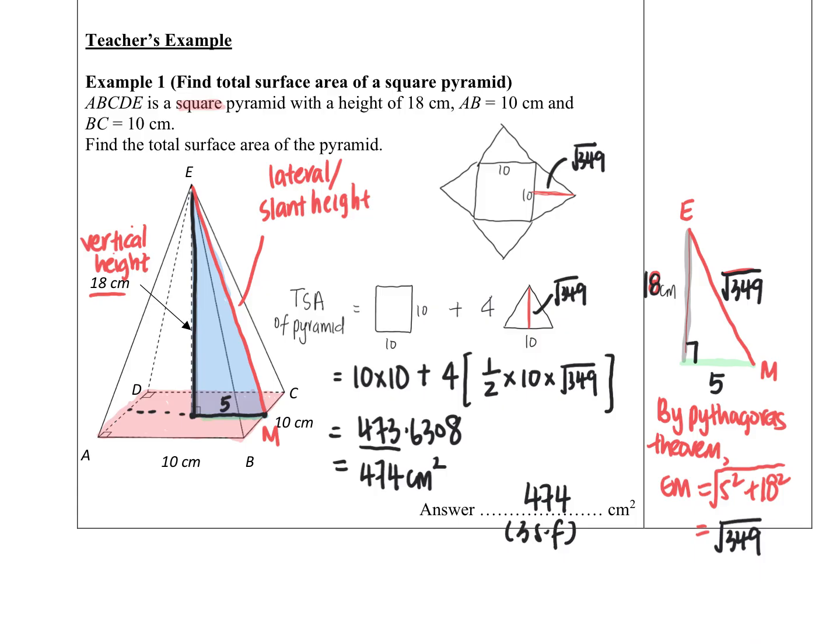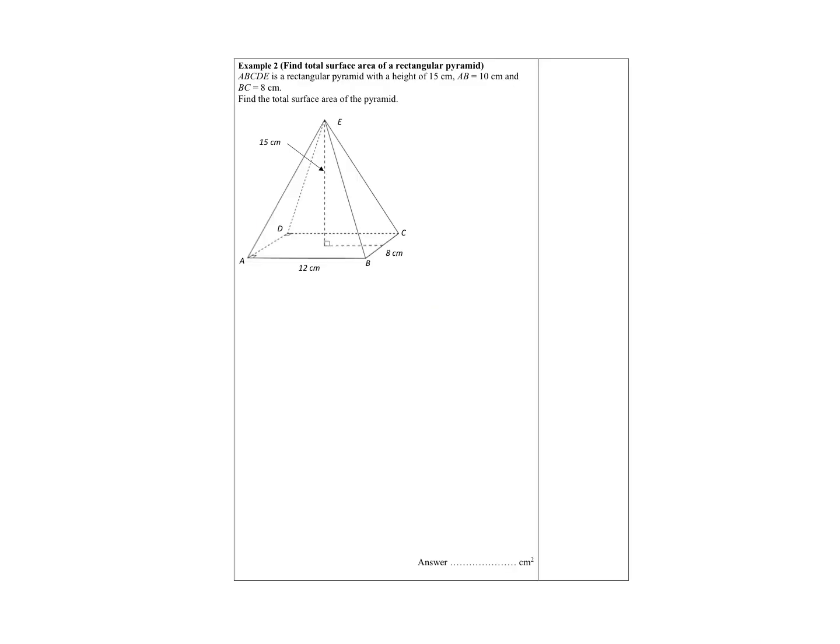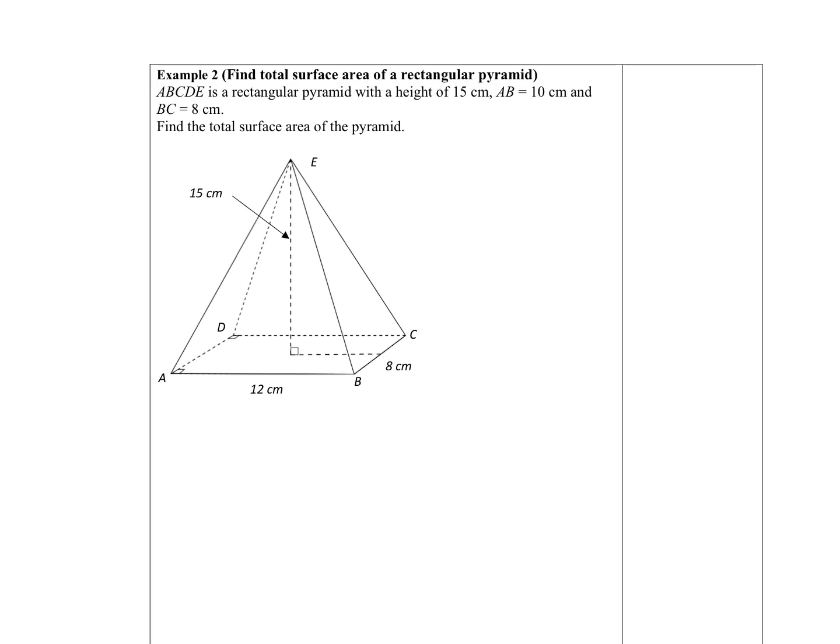Okay, let's do the next one together. When it's a rectangular base, you know you are going to draw a rectangle. So I'm going to draw out a rectangle first here.